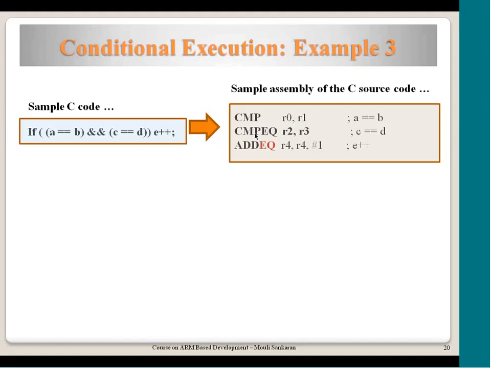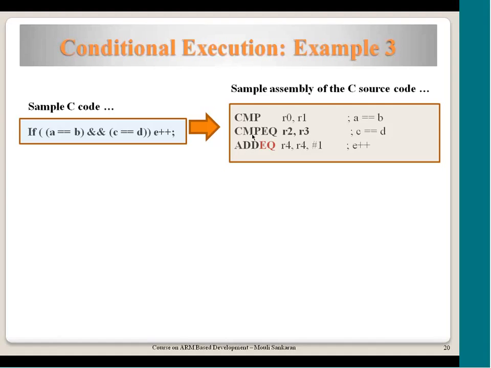One more compare instruction is coming, but it is a conditional execution. That means if the earlier operation has resulted in the zero flag being set, then you execute this instruction. That is true, right? If it results in an equal condition, then only the comparison of C and D should be done. So far so good.